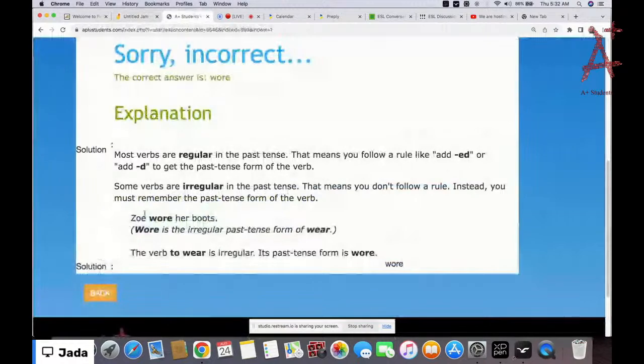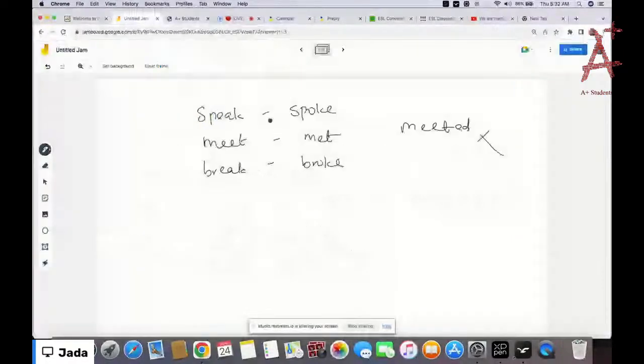Now Zoe wore her boot. So wore is the irregular past tense of wear. So we have wear and wore. Okay. So this is how it's done. We have just new words right now in the set five. Okay.